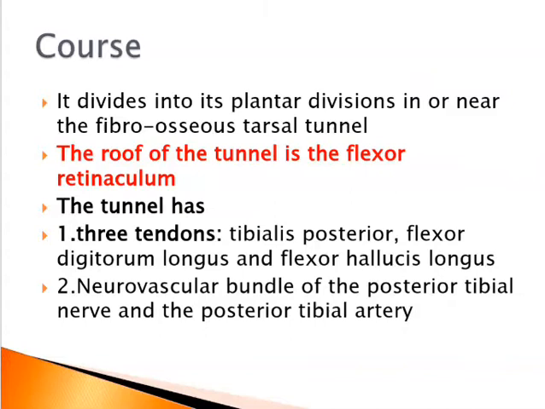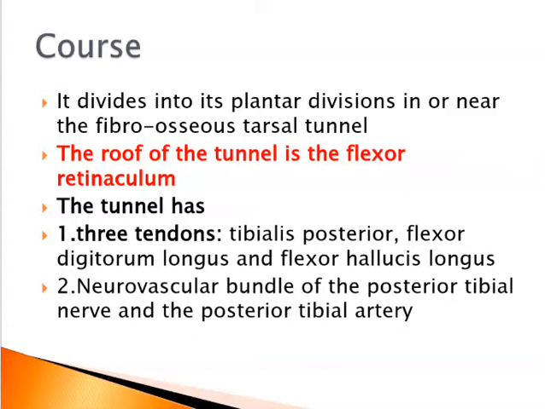It divides into plantar divisions, that is medial and lateral plantar nerves near or in the tunnel, that is fibro-osseous tarsal tunnel. The roof of the tunnel is formed by flexor retinaculum. The tunnel has three tendons, that is tibialis posterior, and tendons of flexor digitorum longus and flexor hallucis longus.